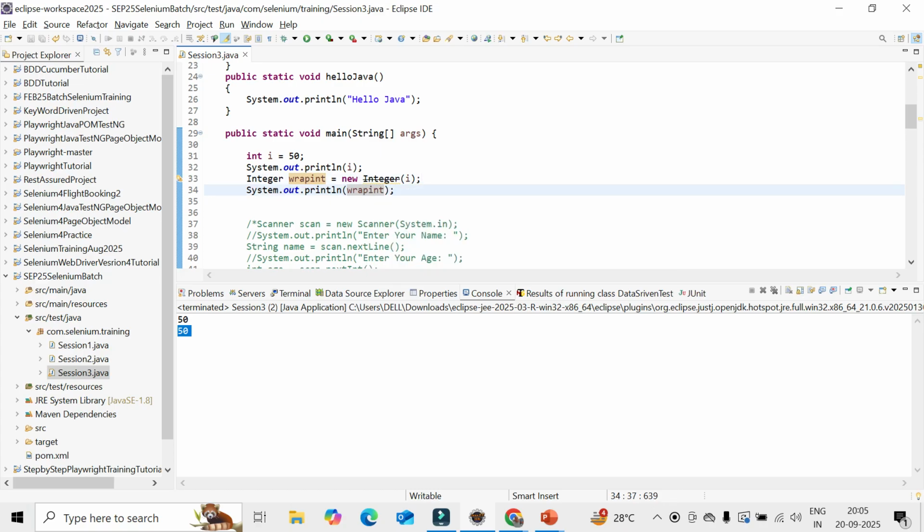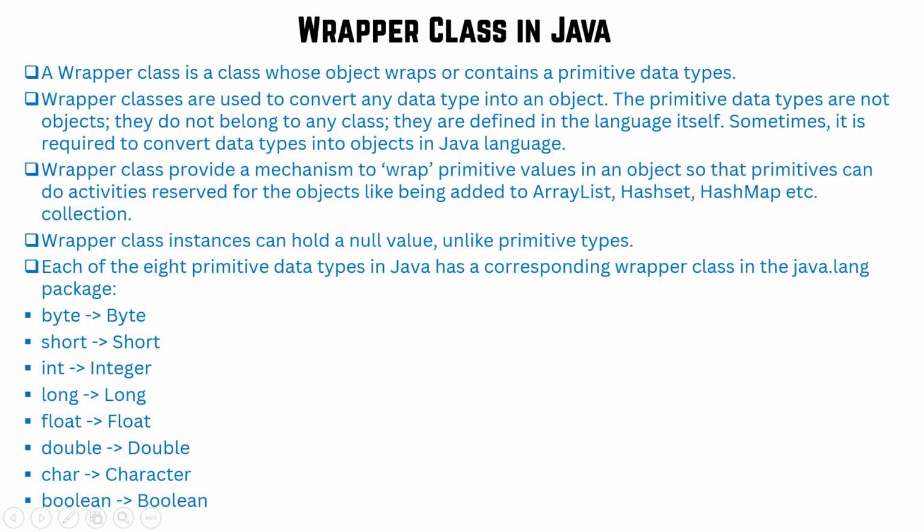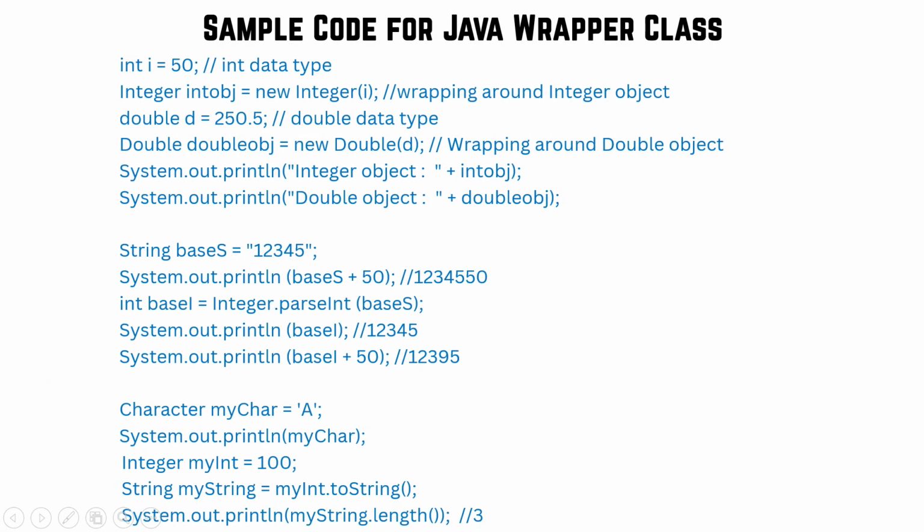This is only one example for the wrapper class. Another one: if you want to directly create the wrapper class object, you can. Suppose I want to directly define the object using the wrapper class. Instead of char I can use Character.